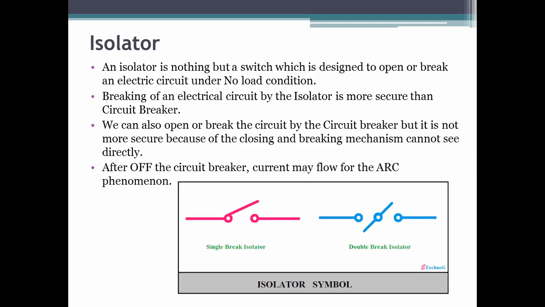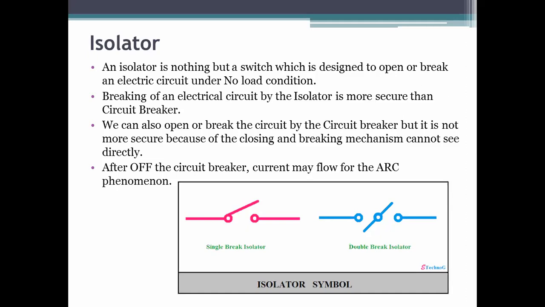So that is the isolator. It is used for the high level. Our simple switches we cannot use for the transmission purpose, for breaking the circuit, but we can use these isolators for the higher voltages also.